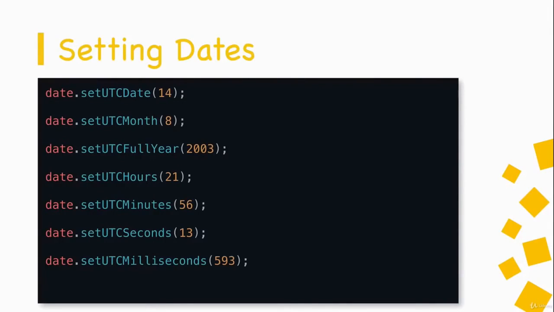But in the case where the new date object is actually created in a time zone other than UTC, then using the normal non-UTC set methods, we'll set the date and time in the local time zone. But using the UTC methods, you can set the time and date based on UTC time and date. So in this case, although the result is the same, if the time zone was different, the UTC methods could be used to set the time and date based on UTC time and not the local time zone.